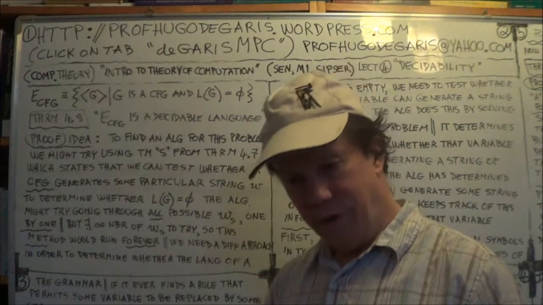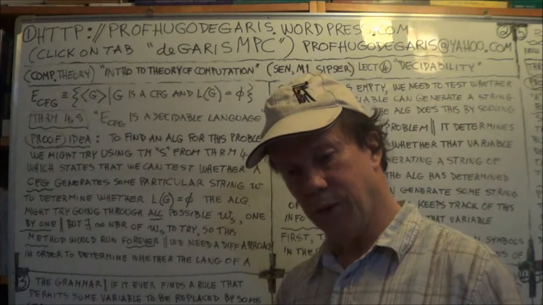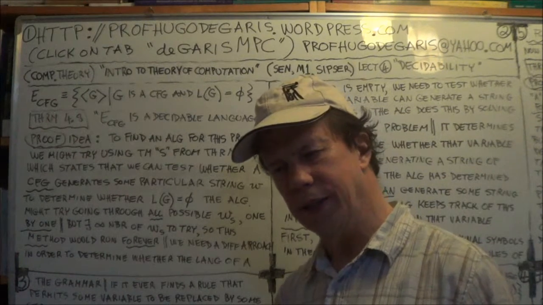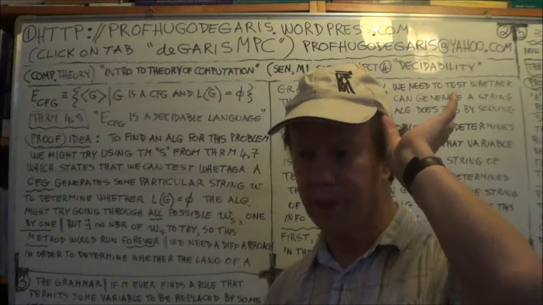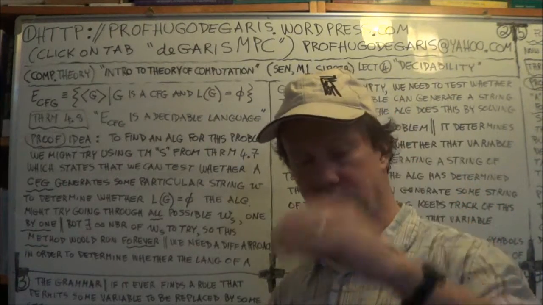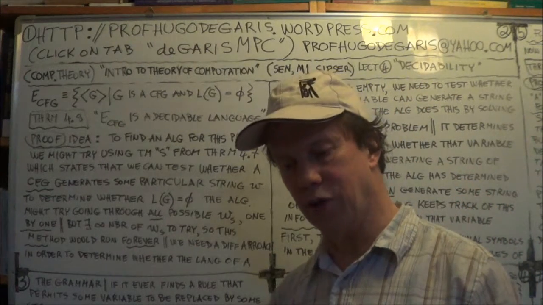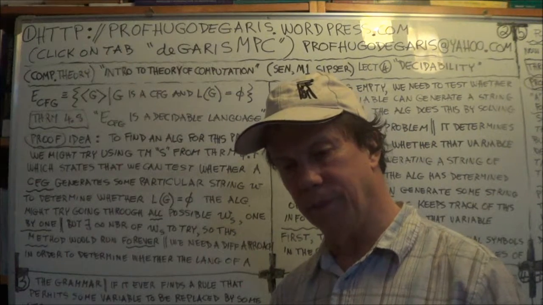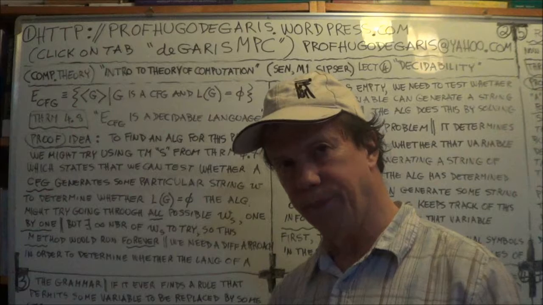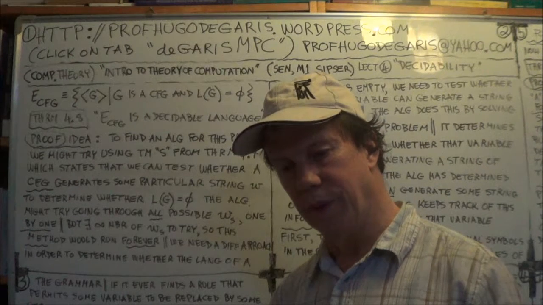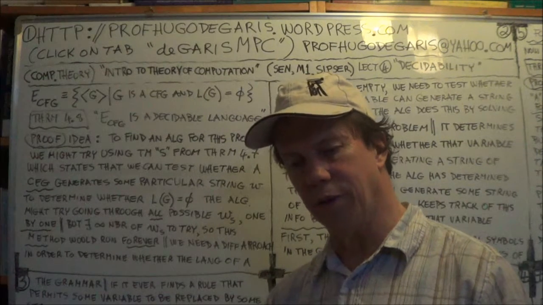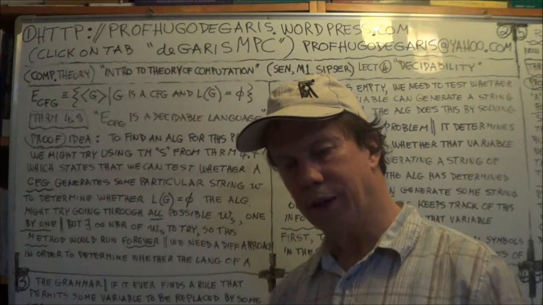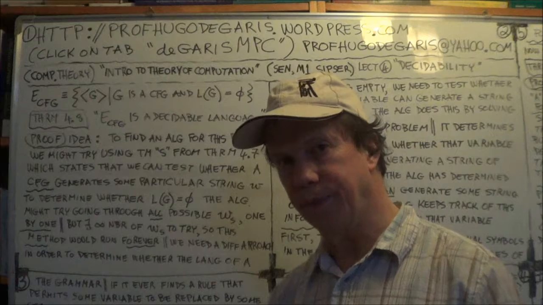And if the start variable, big S, is not dotted, then you cannot generate a string from the start symbol. Because if it's not dotted, that means somewhere on the right-hand side there will be some variable that is not dotted.